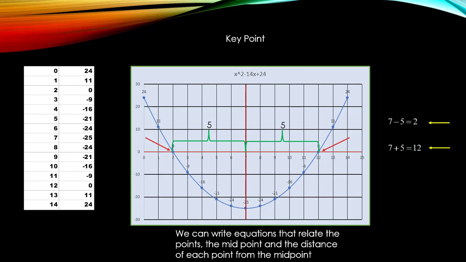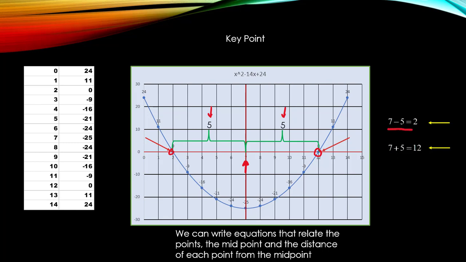In this graph, I've shown that these points lie 5 units to the left and to the right of 7.